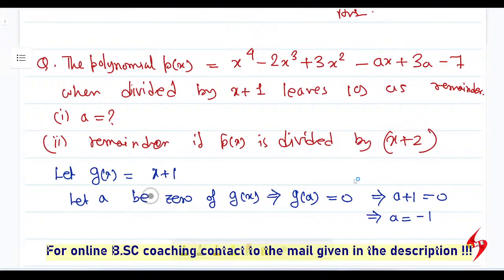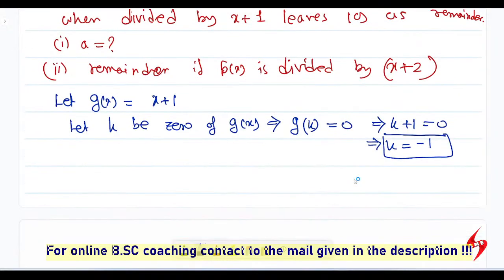Okay, I cannot take a, because here a is already given. So we should take another variable, that will be k. So k is the zero of the divisor, minus 1.